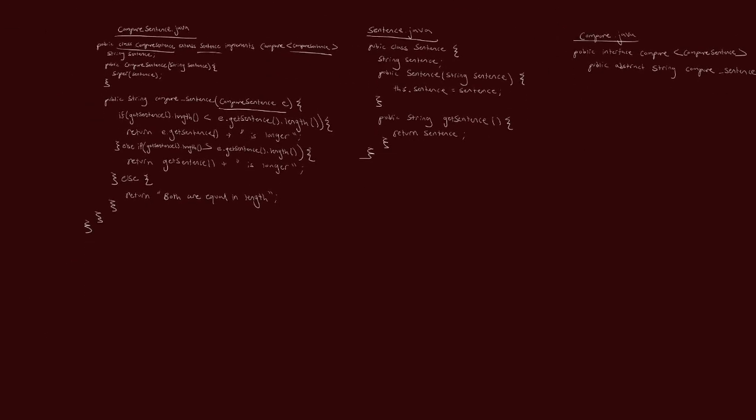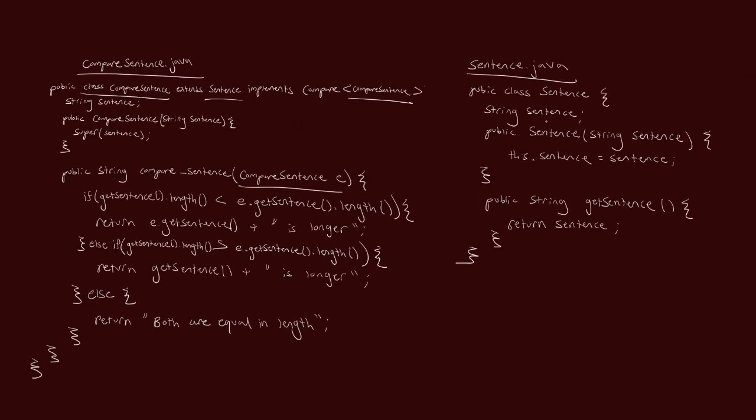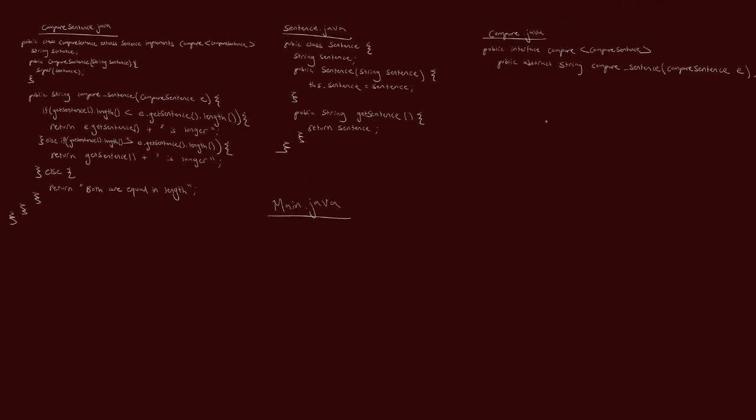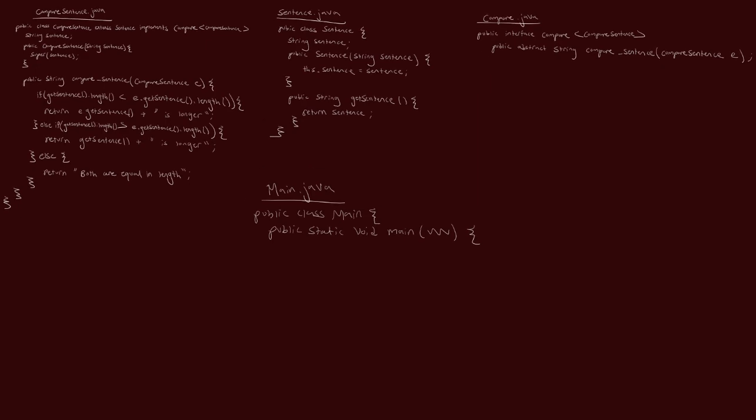And now we're going to see how this works in the main method. So let me get rid of all of these. In the main file, we do our usual public class main. And this is what we're going to do.